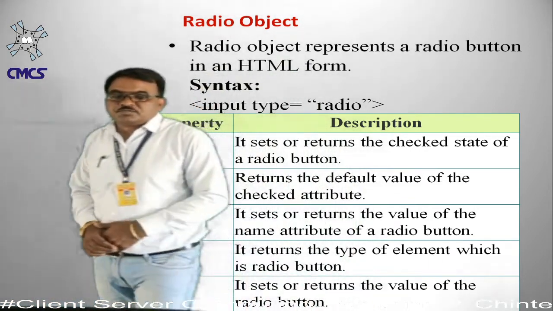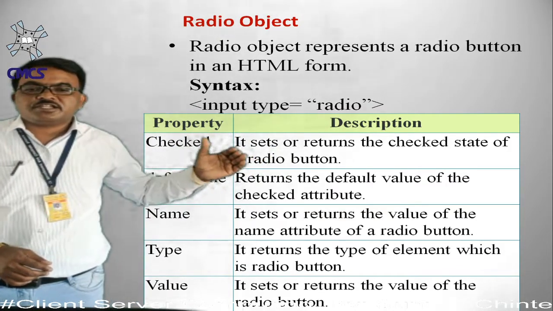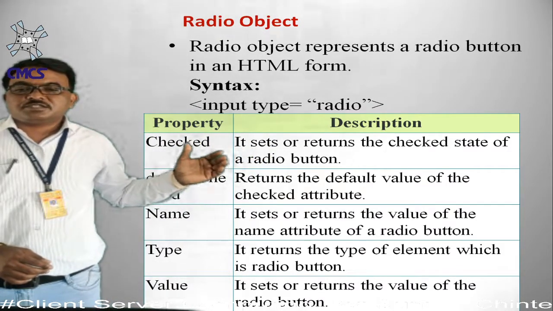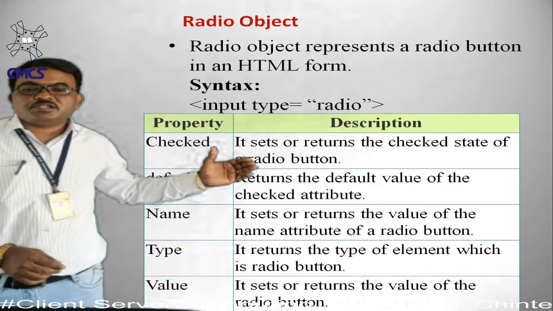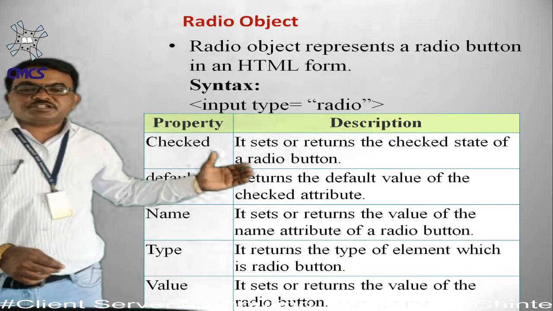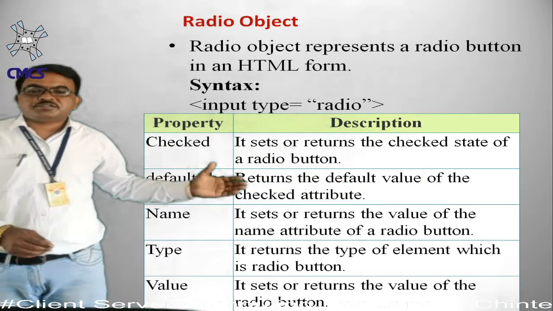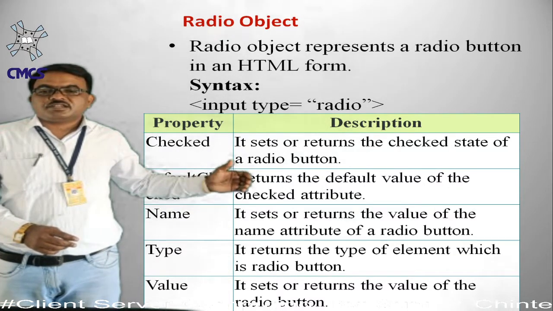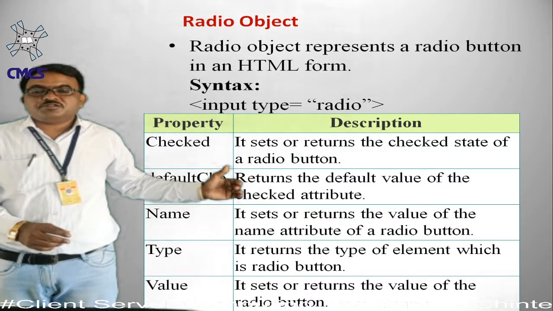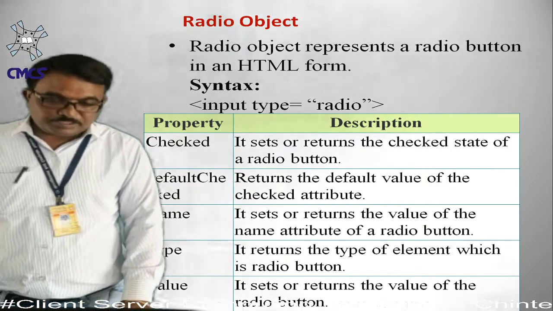The checked property sets or returns the checked state of the radio button. Similarly, defaultChecked returns the default value of the checked attribute. Name sets or returns the value of the name attribute of the radio button. Type returns the type of element, which is radio button, and the value property sets or returns the value of the radio button.